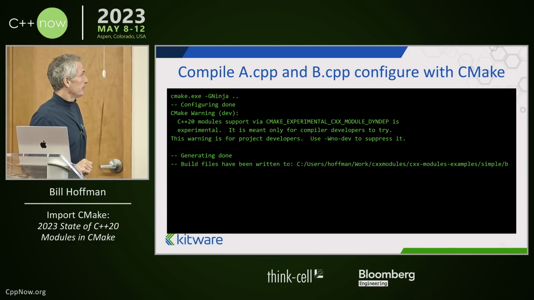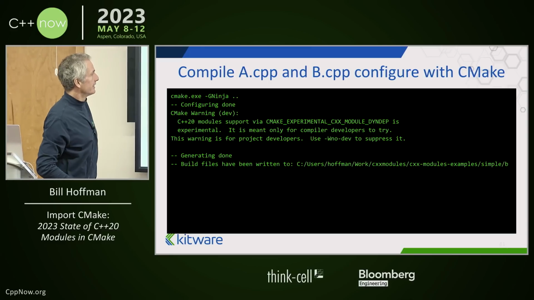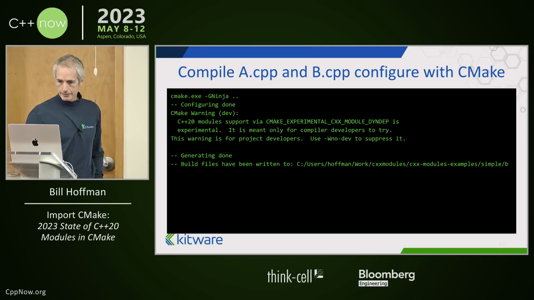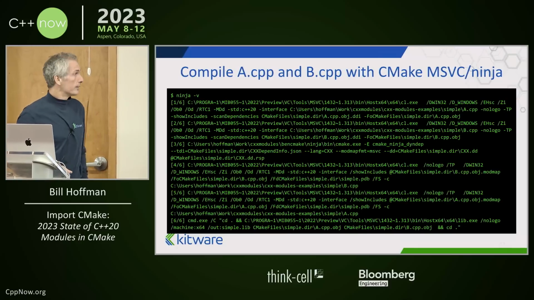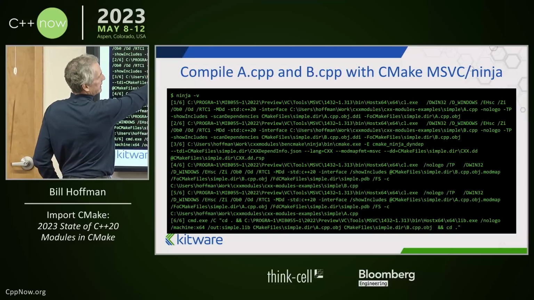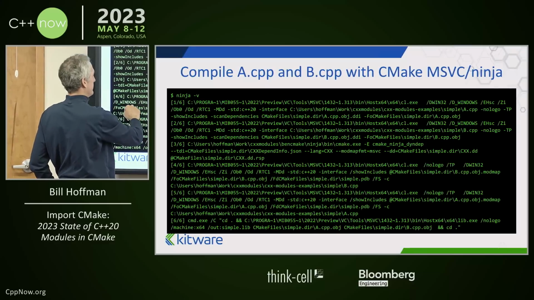We run cmake -G Ninja. We get configure, we get a warning that this is experimental. Generating build files are here. And then we can do ninja -v. And you can see it does scan dependencies on A, does scan dependencies on B.